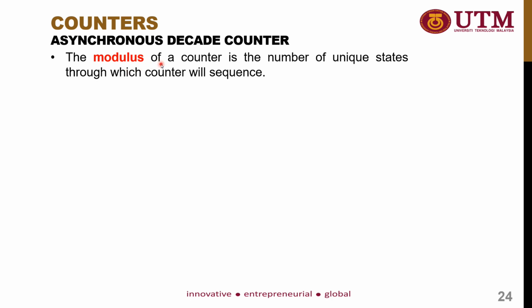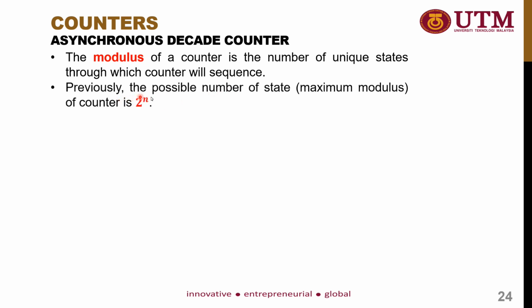So the modulus of a counter is defined as the number of unique states through which the counter will sequence. Previously, the possible number of states, which is the maximum modulus of a counter, is 2 to the power of n.